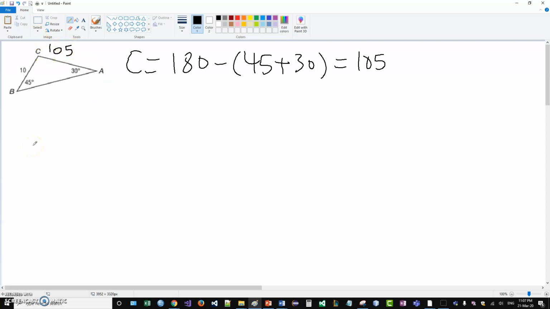Now let's find sides b and c. Let's start with side b.